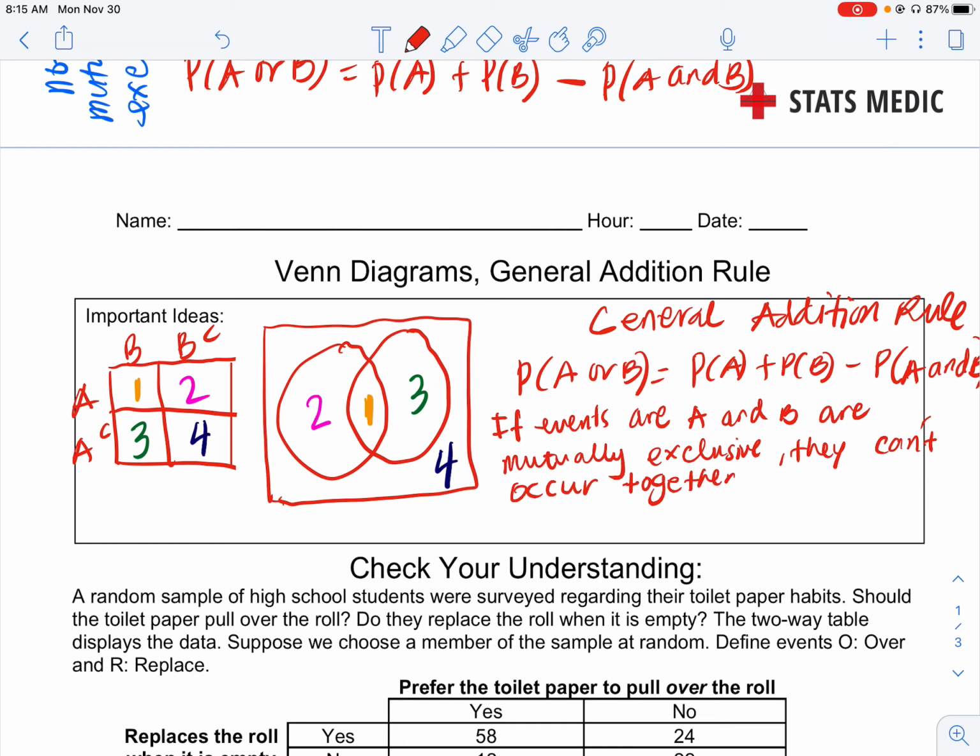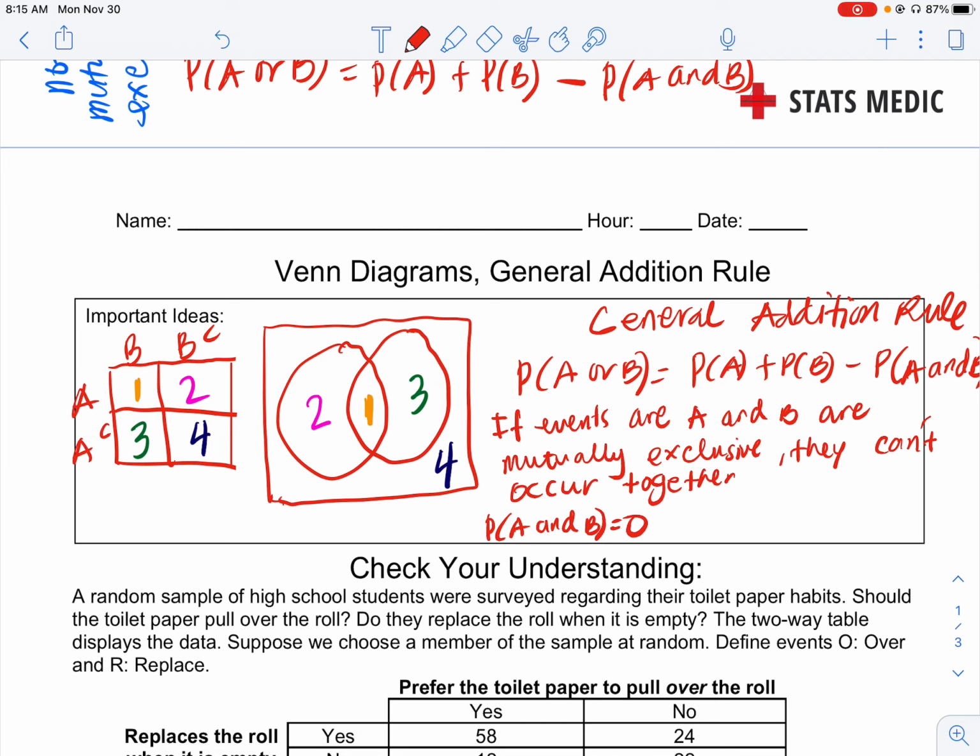So the formula for mutually exclusive events is P of A and B equals 0, meaning if they're mutually exclusive events, then they can't happen together, so they should have no intersection points.